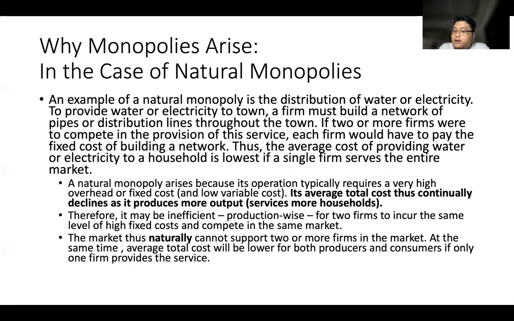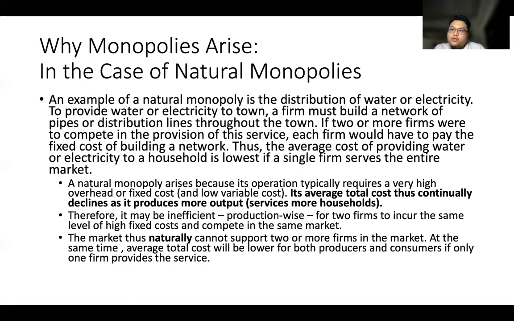And that's huge, right? Thus the average cost of providing water is lowest if a single firm serves the market. A natural monopoly arises because its operations typically require a very high overhead or fixed cost and low variable cost.